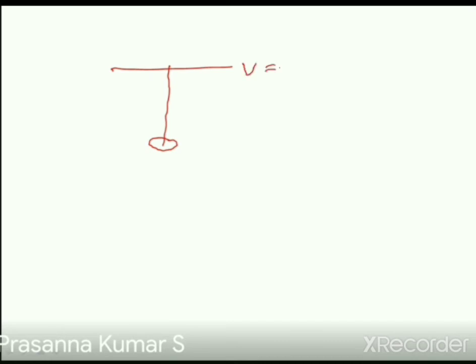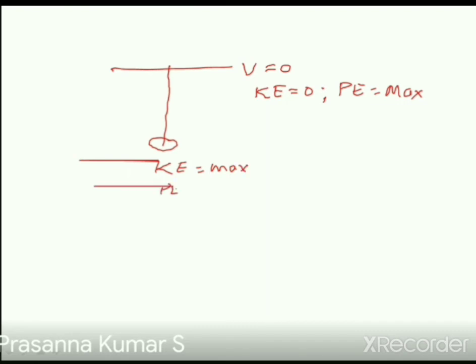Where V is 0, kinetic energy is 0, minimum, and potential energy is maximum. Here kinetic energy is maximum and potential energy is minimum.